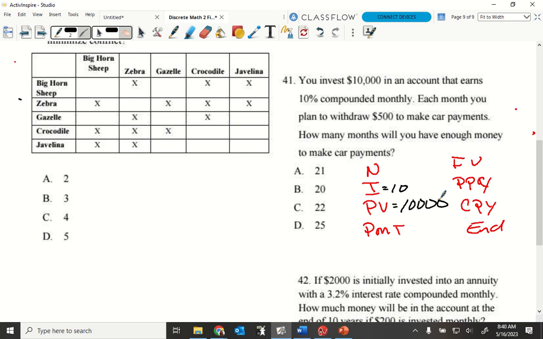Payment, negative 500 because I'm withdrawing 500. Future value, 0 because I'm going to keep pulling money out till it's gone. Payments per year, there's 12 payments per year because I'm taking this out every month. CPY, it's compounded monthly, so that's going to be 12. And we're going to calculate the N.